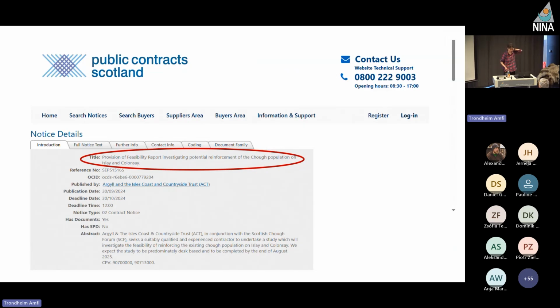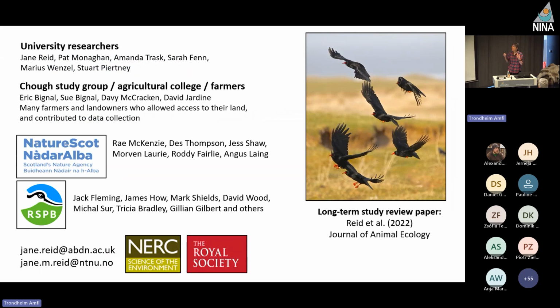So a couple of his postdocs are running the process, and what they've done so far is there's been a round of questionnaire that went to a whole bunch of stakeholders, including basically everybody on this list and any of the other landowners and stakeholders on the island, including some people in the tourist industry who might be relevant. And the first part of that was to basically define the consensus objectives, which unsurprisingly came out as being having a viable population of choughs on the island and these kind of things. But that process was gone through formally.